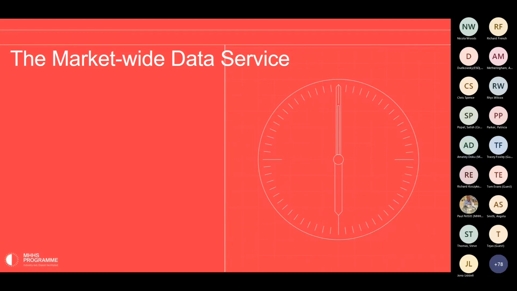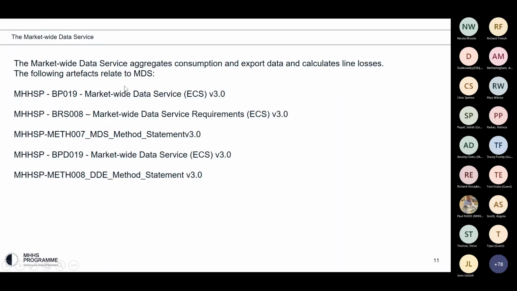Okay, I'll carry on. So moving on to the first service we're going to talk about, that's the market-wide data service. This is the service which aggregates the consumption and export data that's coming in from the data services.